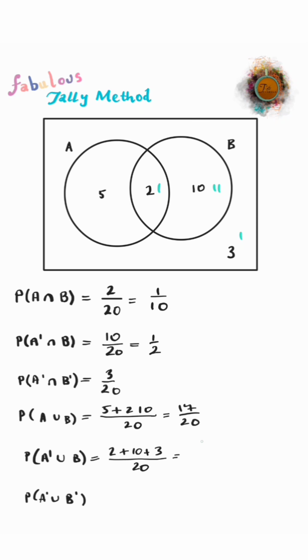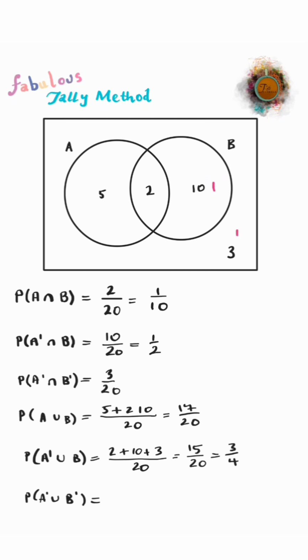So we get this sum, which is 15 over 20, and this will simplify to 3/4.